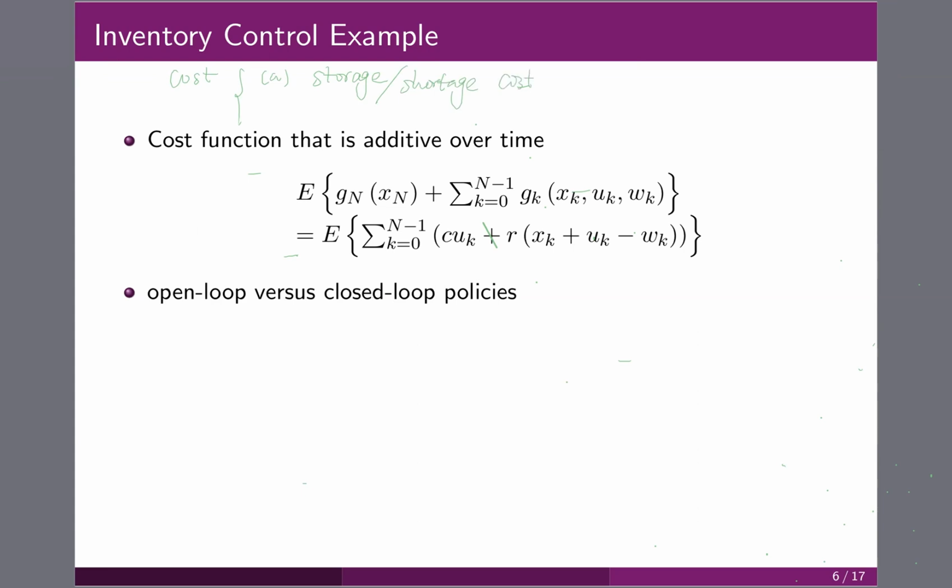For the storage cost, xk is larger than 0. For the shortage cost, xk is smaller than 0. You can interpret the storage cost like the cost of space, because when you store something, you need to pay for the space.